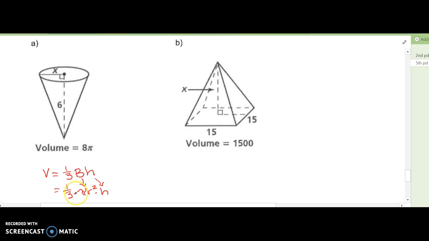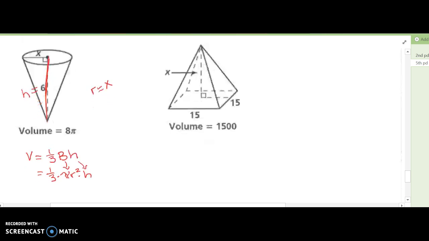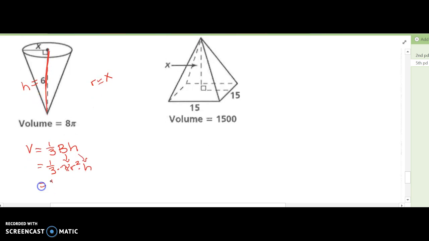Looking at this picture, it looks like x is our radius. The height of the cone, the distance from the center to that vertex at the top, is the 6. And so we plug that in. That's 1/3 pi times x squared times 6.